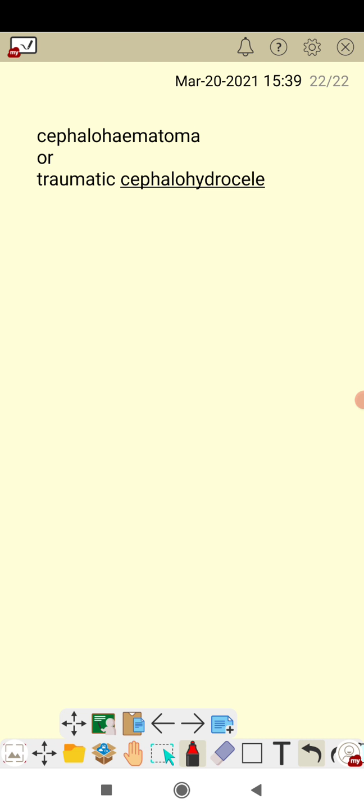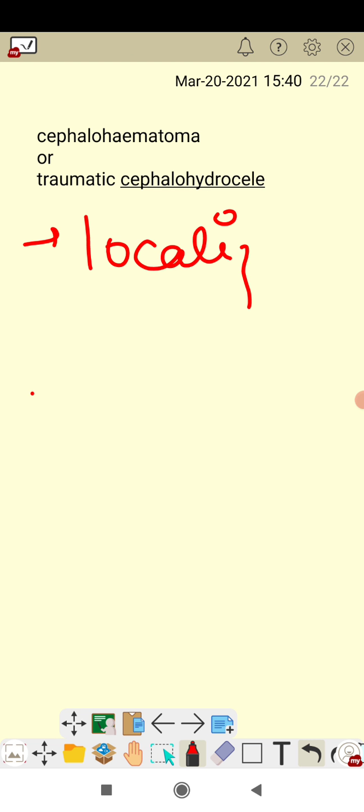Clinically, cephalohematoma. It is a collection of fluid beneath the pericranium. It produces localized swelling in the form of a cephalohematoma. What kind of swelling will it be? Localized. Localized swelling.